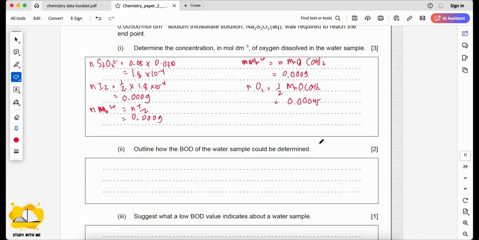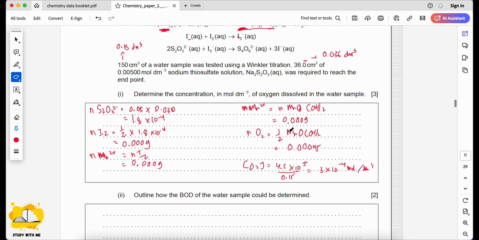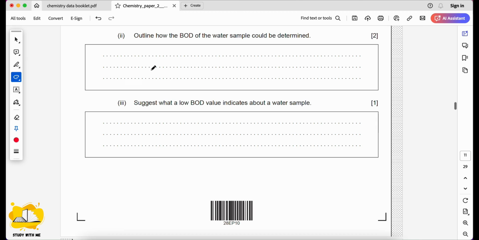So to find the concentration of O2, this 4.5 times 10^-5, divided by the volume, which is 0.15, and you will get 3 times 10^-4 mol per dm^3. So 0.15 is coming from the volume of the water sample.